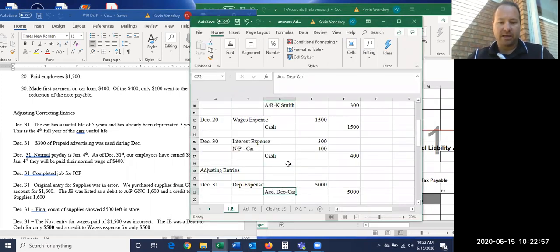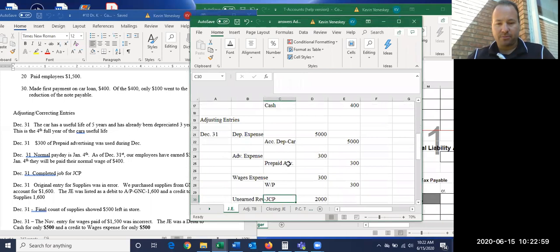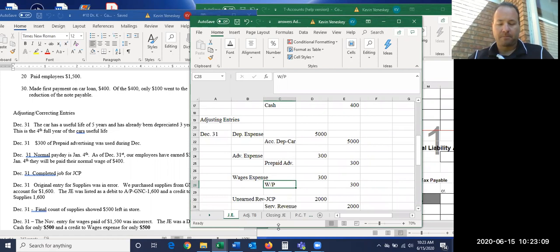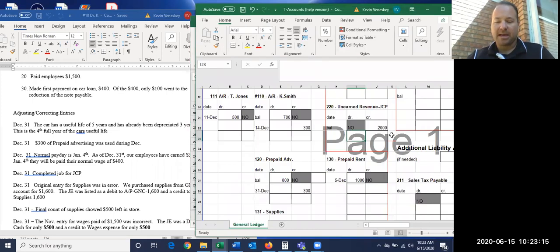I can show what I got. I haven't been updating my journal entries as I go. So what did I get? I got a reduction on what I owe. I no longer owe $2,000 of unearned revenue because I've done the job.